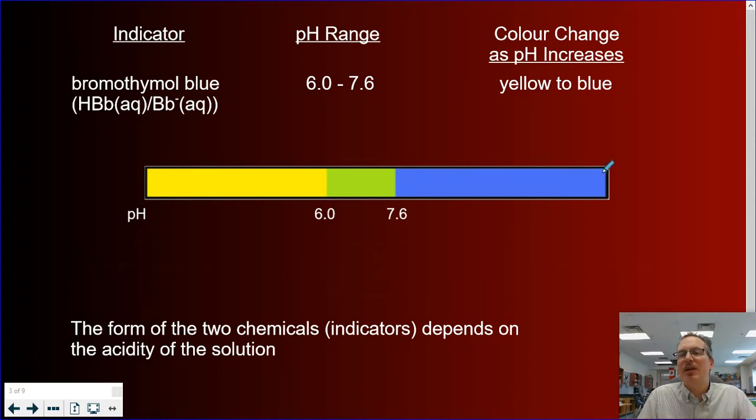So whether I have a pH of 14, 10, 9, or 7.6, my solution would turn blue. Any pH value between 6.0 and 7.6, not including those two values, would be the middle color between yellow and blue. And I hope we realize that that middle color is green.